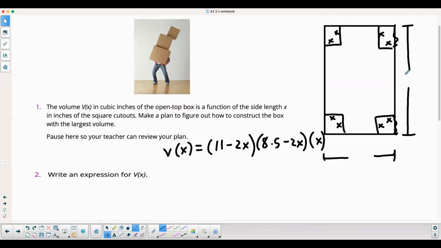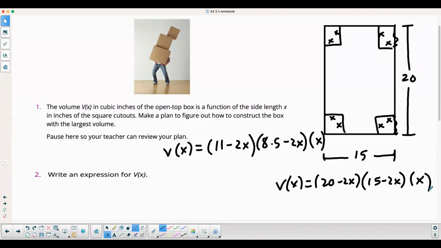Let's say this side was 20 and this side was 15. If that was the case, your volume, V of x, is going to be 20 minus 2x times 15 minus 2x times x. It's pretty much always going to follow that pattern with a sheet of paper, or a sheet of cardboard, or whatever.